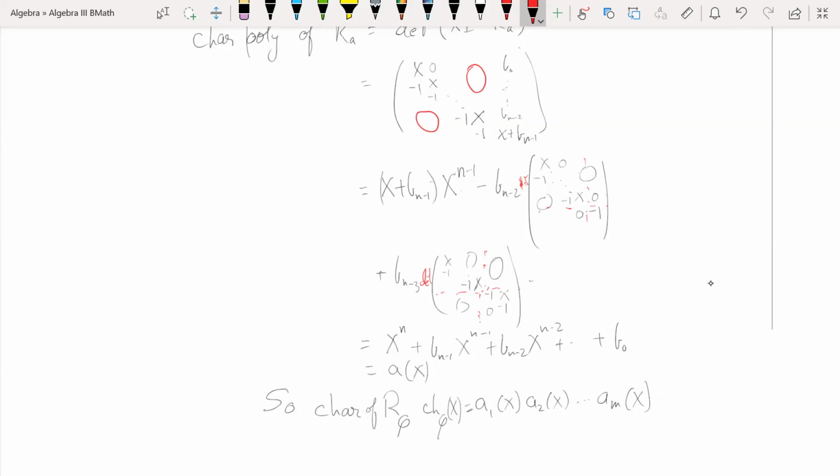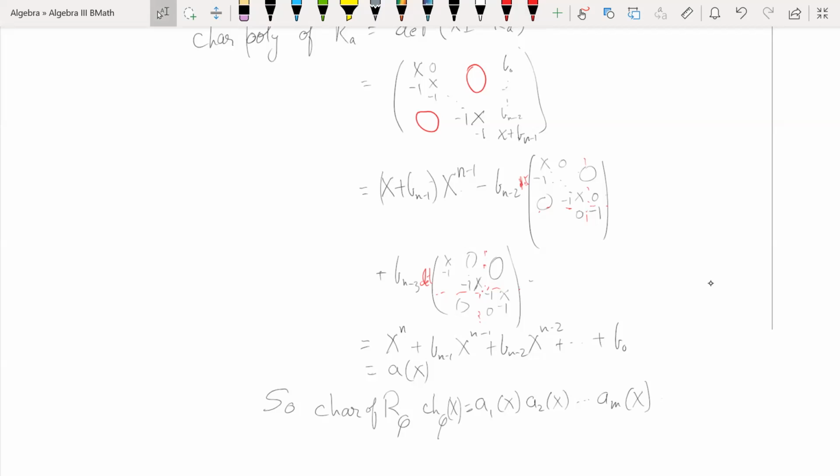So the determinant of this bigger block upper triangular matrix is x^(n-2), and the determinant of this smaller block is going to depend upon how many minus 1s there are in it. So for n minus 3 there are 2 minus 1s, so you get plus 1. You can just verify.